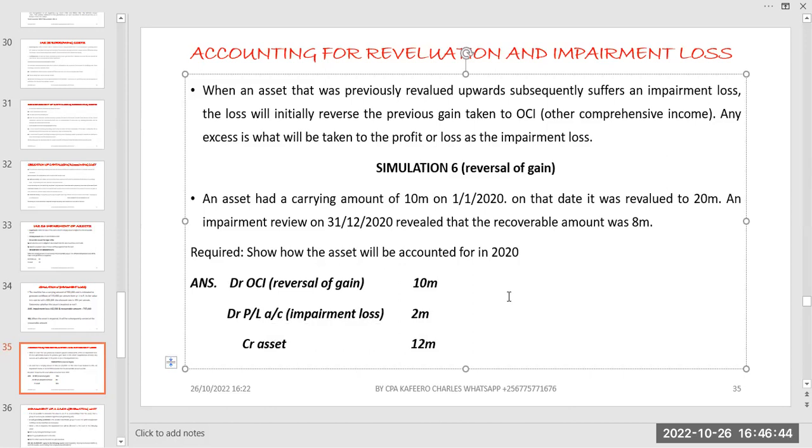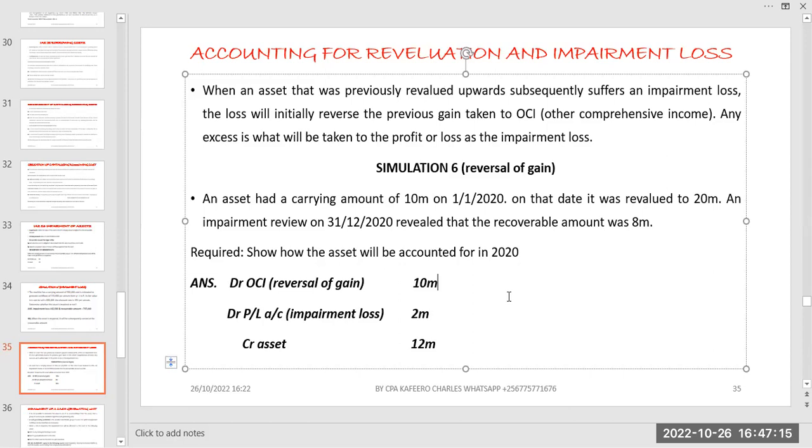But how are we going to record this? Remember the other 10 million, we took it to the OCI. What we do, that impairment, first of all, has to be compensated from that valuation gain. By doing the complete reversal, the other time we created the OCI, now this time around we are going to debit OCI with the revaluation gain which we had previously of 10 million.